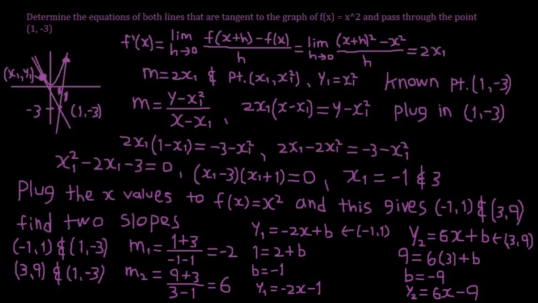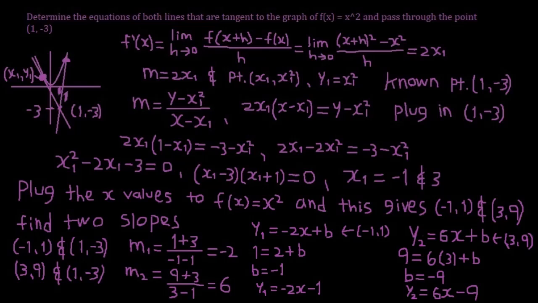So plug that into the standard linear equation. So y1 equals -2x plus b, and then plug in the point (-1, 1), and it gives you the y-intercept value of -1.